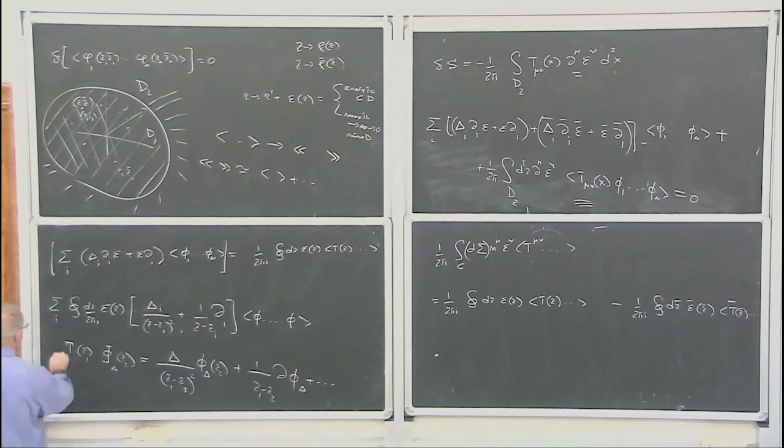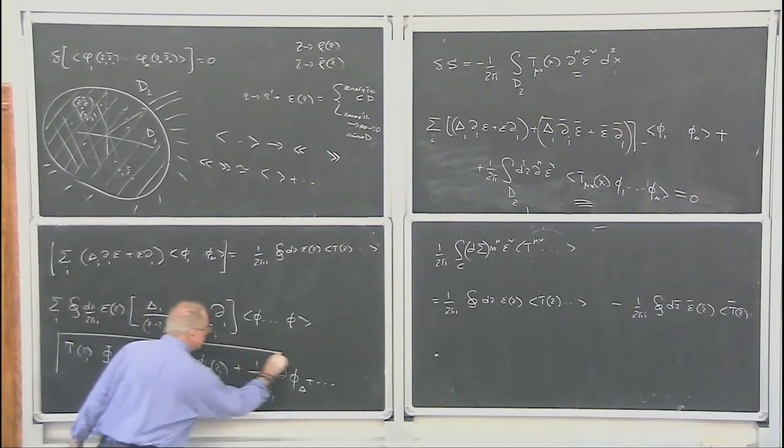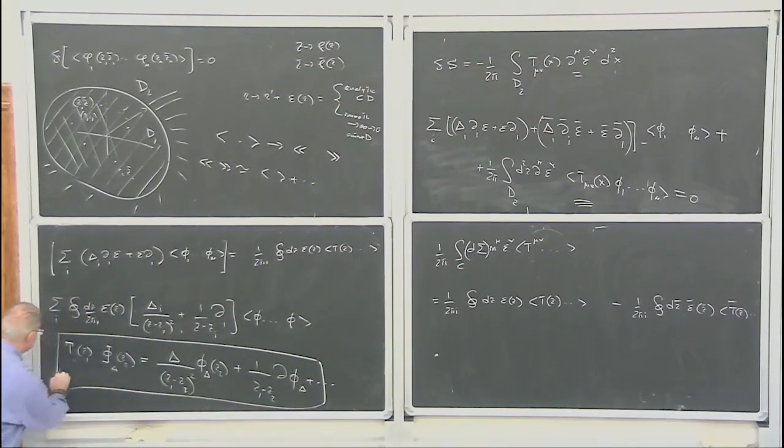So the net result of this is that I'm presenting you the first explicit operator Fourier expansion of the theory, which involves the stress energy tensor and a primary field.